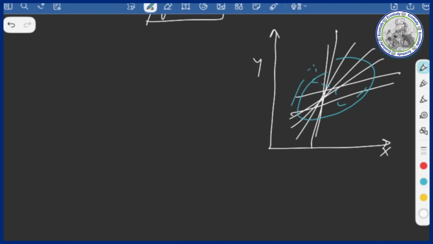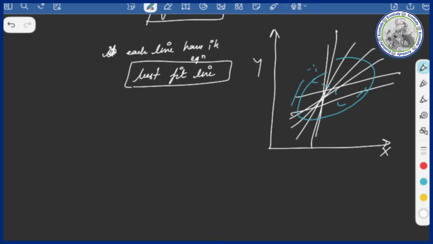You will prefer that line. Each line has its equation. So you will find the best fit line from these. And how will you find the best fit line?